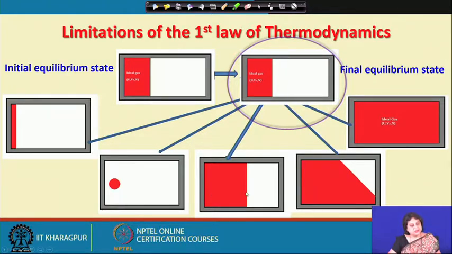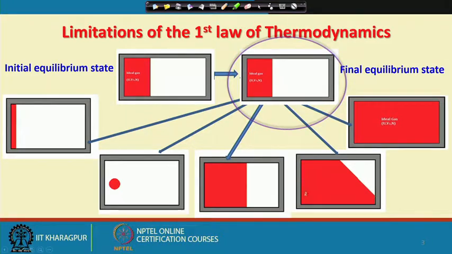It may expand up to here, maybe halfway through the box, and stop. It may expand a little more, but still it stops when some area is yet to be filled, or it may go all the way, expand and fill up the entire box.